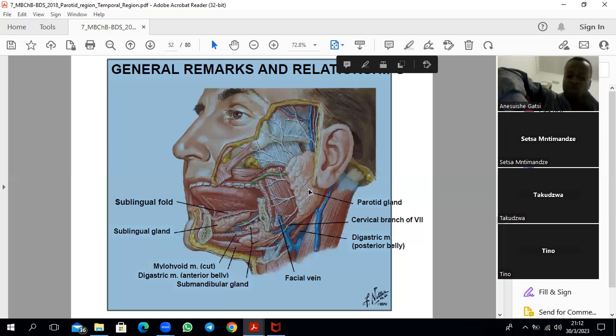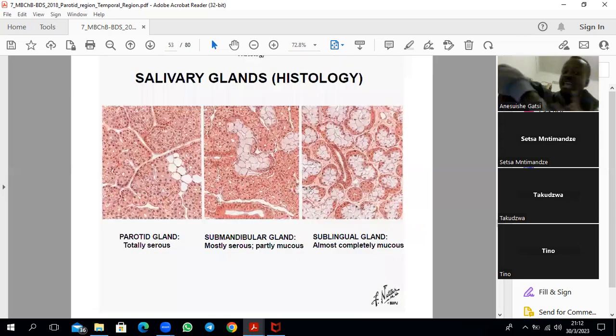So I used to teach people saying that there are 4 differences. 2 of the differences are unique to the parotid. 2 of them are unique to the pancreas. So when I look at salivary glands, they can either be serous. If you're a serous gland, you produce a serous fluid, or a serous saliva in this case.